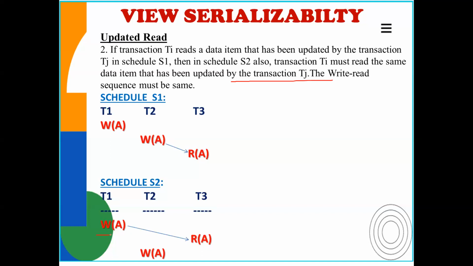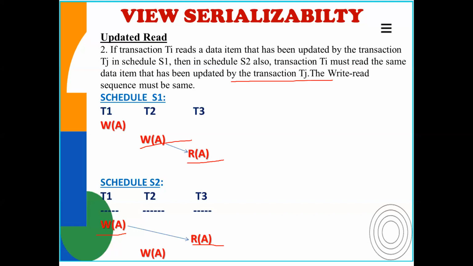But in schedule S1, transaction T3 is reading the value of A which has been updated by transaction T2. So the write-read sequence is not the same here, so schedules S1 and S2 are not view serializable.